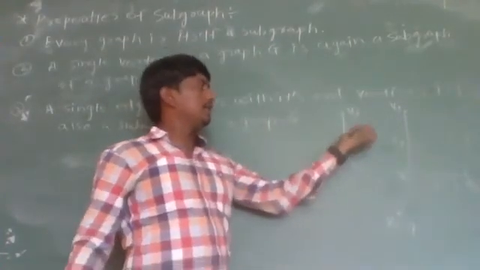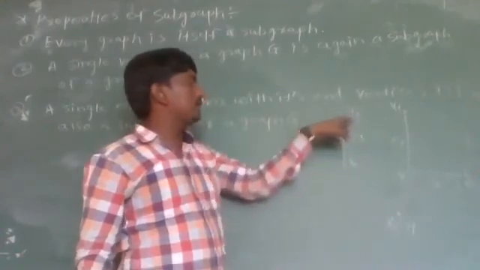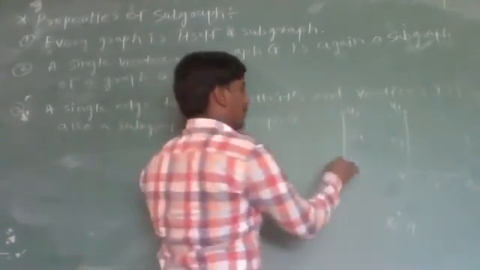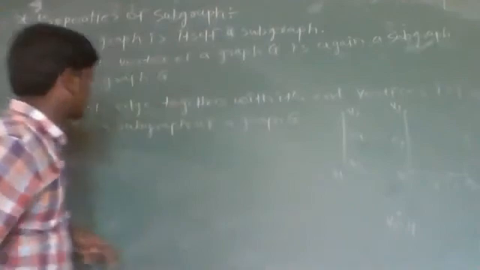So an edge E1 with its end vertices V1 and V2 is again a subgraph of graph G.